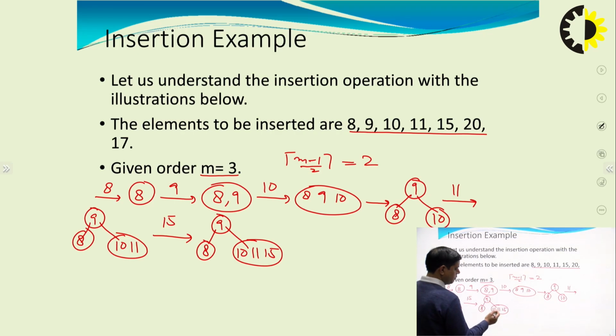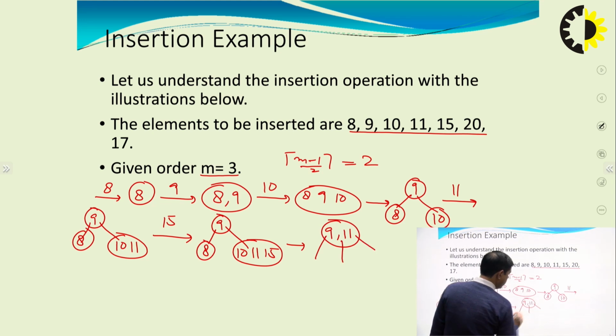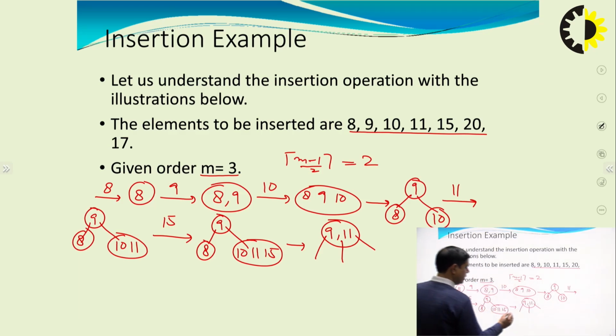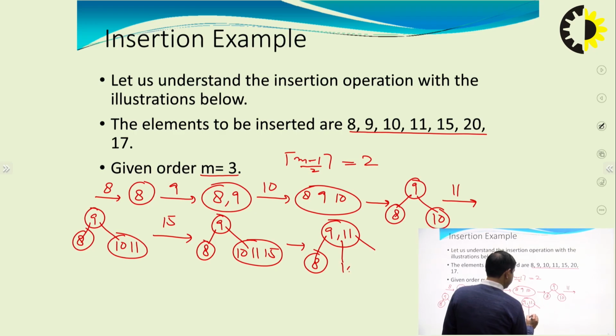Now again we will split this node, and the mid value will be moved to the root like this, that is 9 and 11. Because it contains 2 keys, it will contain 3 children, always m plus 1, that is 8, 10, and 15.